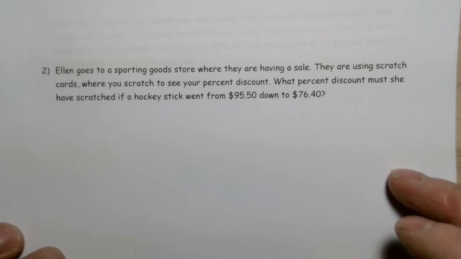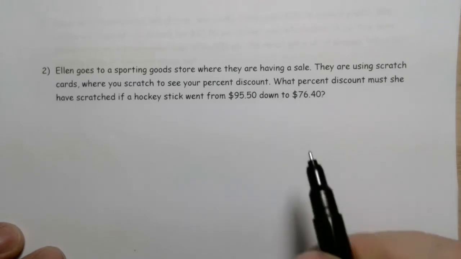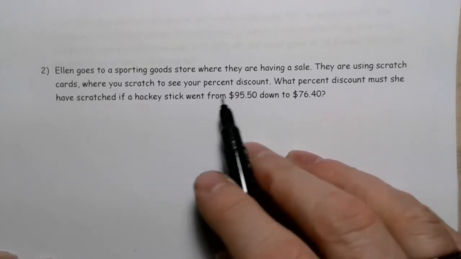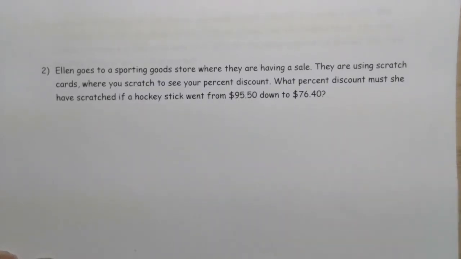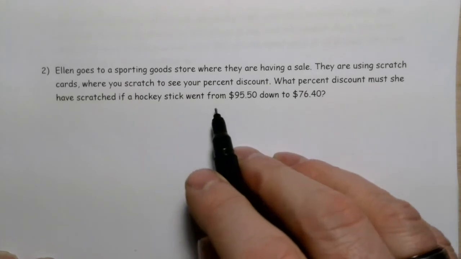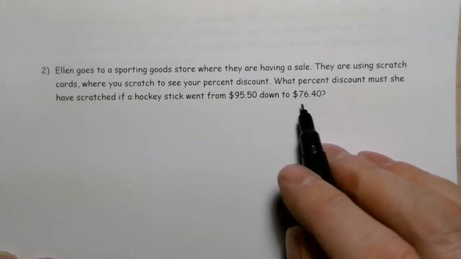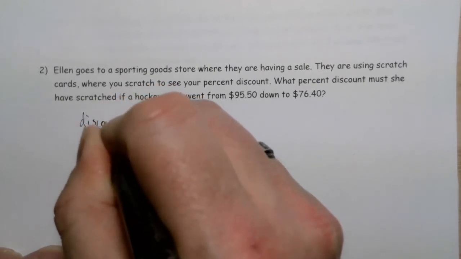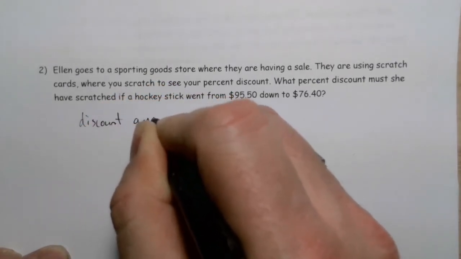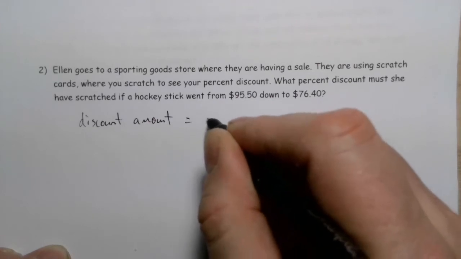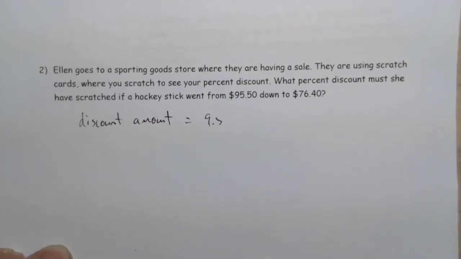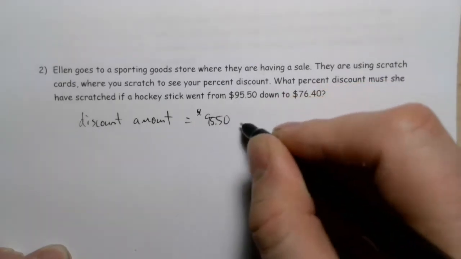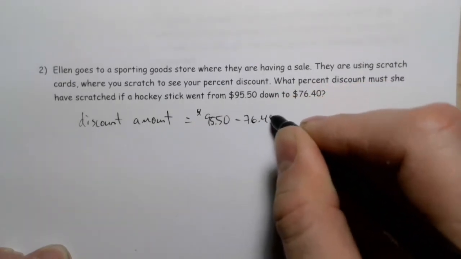Ellen goes to a sporting goods store where they are having a sale. They use those scratch cards where you scratch to see what your percent discount is going to be. What did she scratch away if a hockey stick went from $95.50 down to $76.40? Once again, we have to figure out the discount amount: $95.50 minus $76.40.